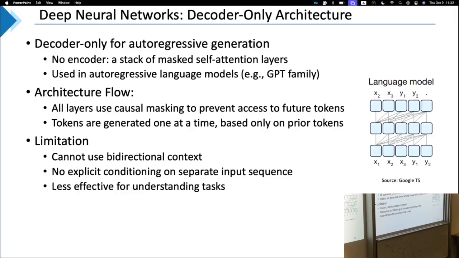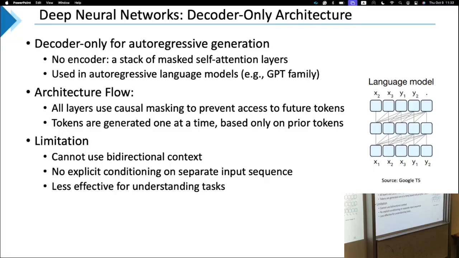And later on, people realized they can explore what we call decoder-only architecture, which is the third architecture introduced here. So basically, the idea is we only use the causal mask across the whole model.